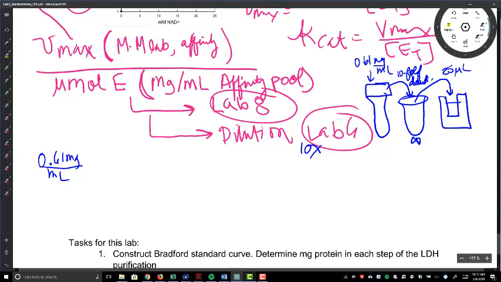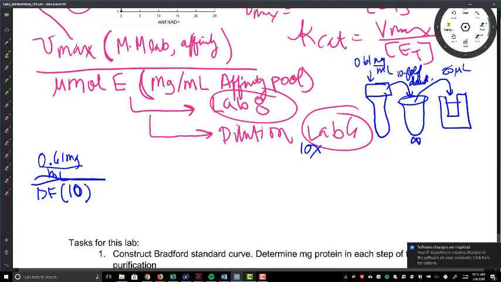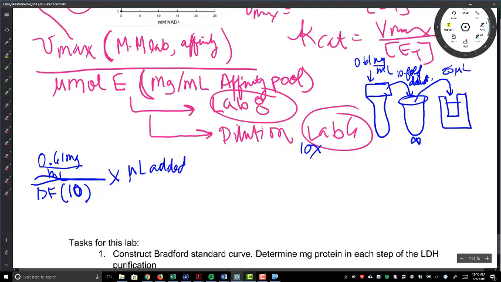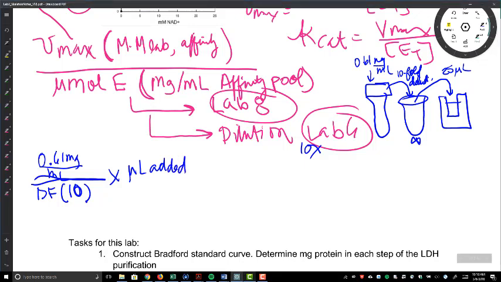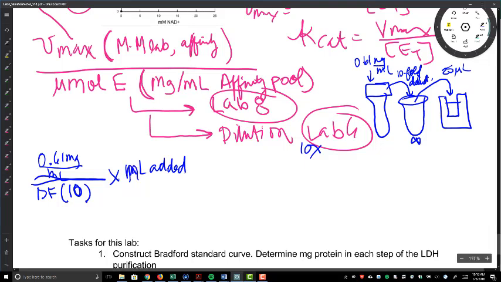And so we take the concentration of the stock and we divide it by the dilution factor, which in this case is a dilution factor of 10. And then we multiply by the milliliters added to the cuvette.